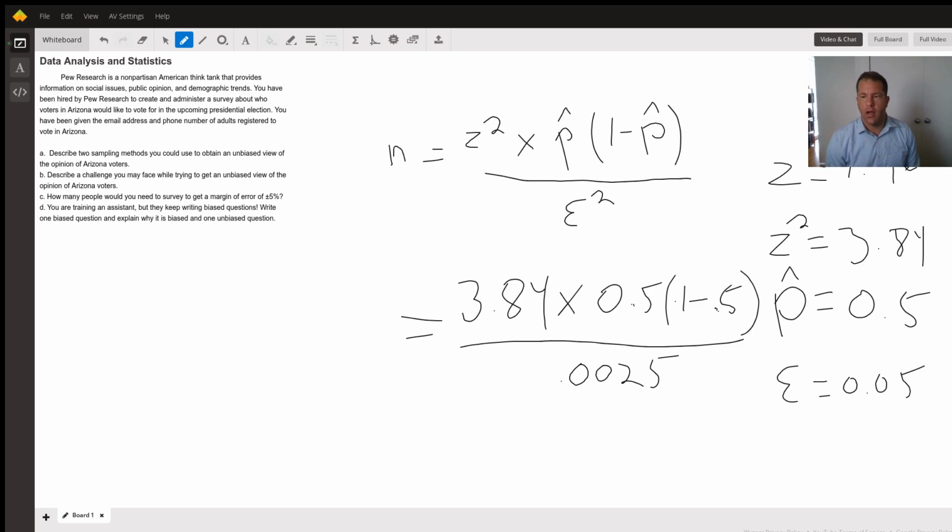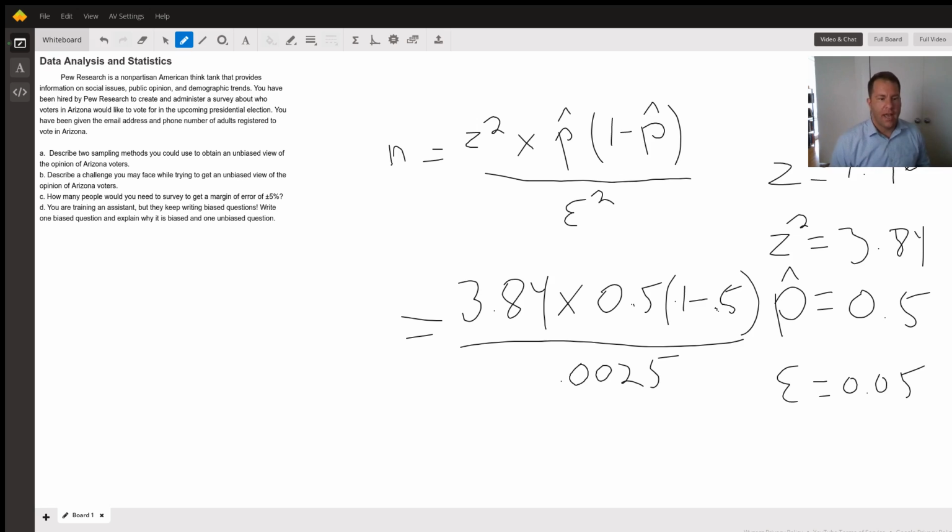Pew wants to poll Arizona voters to see whether they like candidate A or candidate B more. And Pew has been given, which is very rare, but this is a hypothetical question, every email address and phone number of every adult registered to vote in Arizona. Usually that's something they don't have.